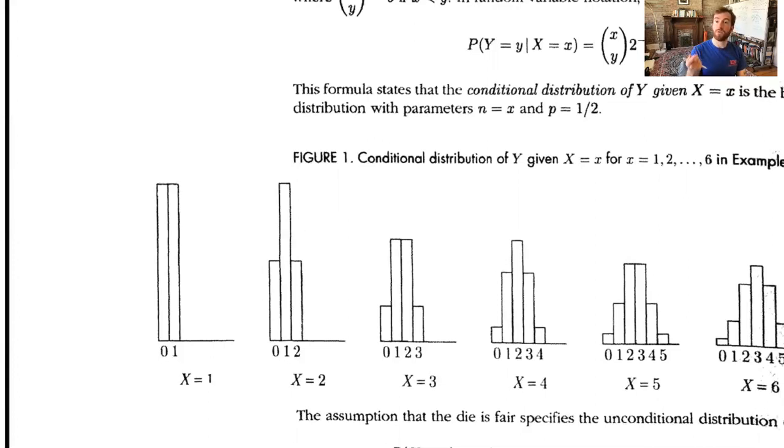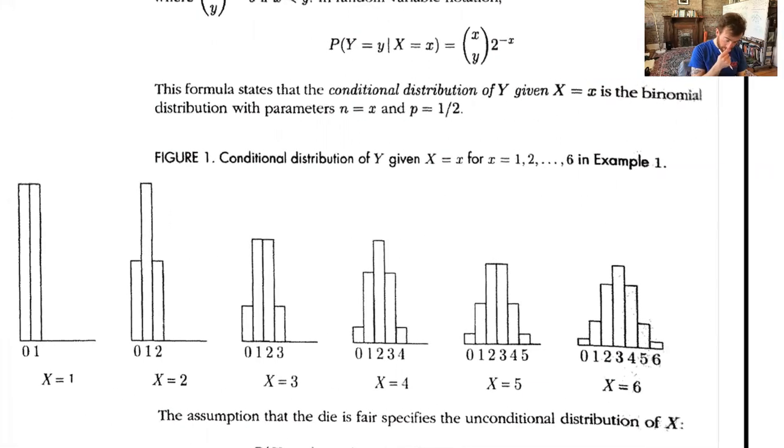But if I rolled, let's say, a 2, then I've got 3 possibilities. What I'm looking at here is just the binomial distribution, where I'm changing the value of n, where n is now X, the value of our die roll. And so you can see how this ends up being sort of averaged out.